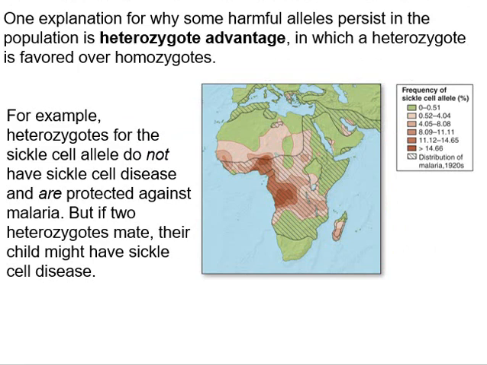Heterozygote advantage. Now, there is African sleeping sickness, and there is a genetic condition called sickle cell anemia. Sickle cell changes the shape of red blood cells and reduces the ability of the blood cells to carry oxygen.